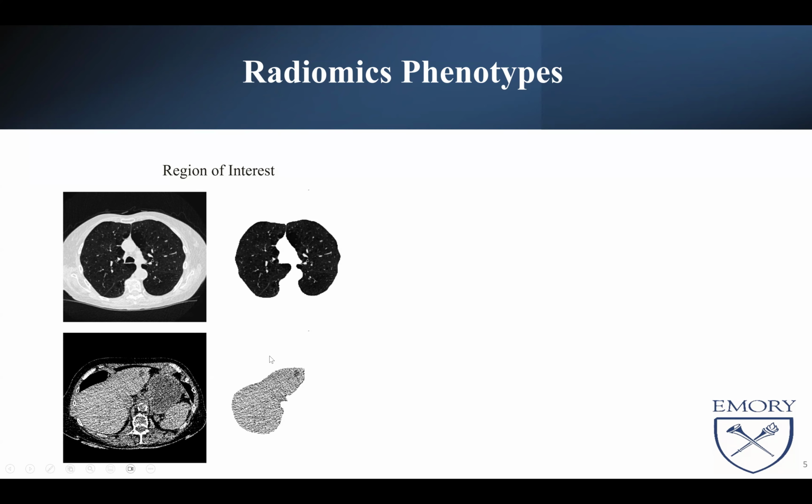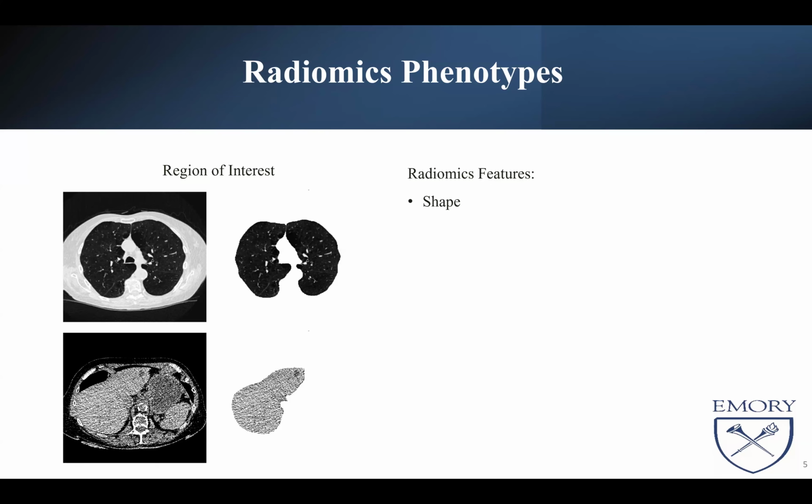So if you look at this, what I would like to point out is, this is the liver. If you look at the liver and you look at the lung, you see that they both have different texture. What this means is that by the time you compute the texture of the liver, what you are going to have will be different from that of the lung. That's why each of these organs is very, very important and they provide different clinical information.